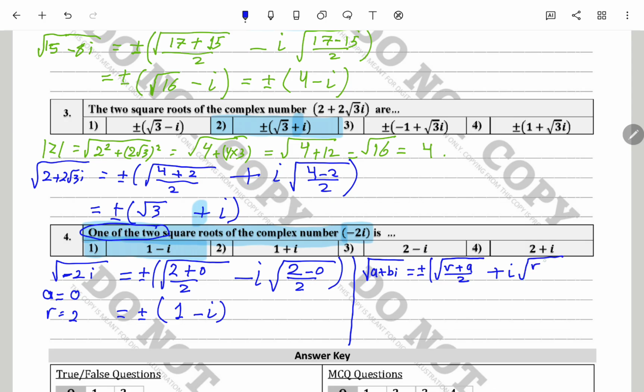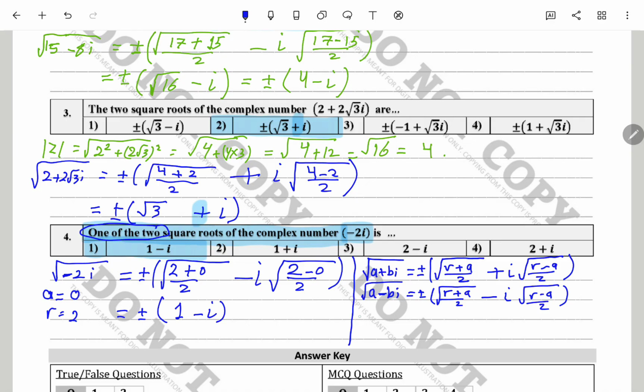Repeat what you wrote, but write r minus a all divided by 2, close your bracket. The second, including a minus bi, will make it positive and negative again. Open your bracket and write r plus a divided by 2, and instead of writing positive, you have to keep it negative, similar to the sign of the imaginary part. And i multiplied by r minus a divided by 2, close your bracket.